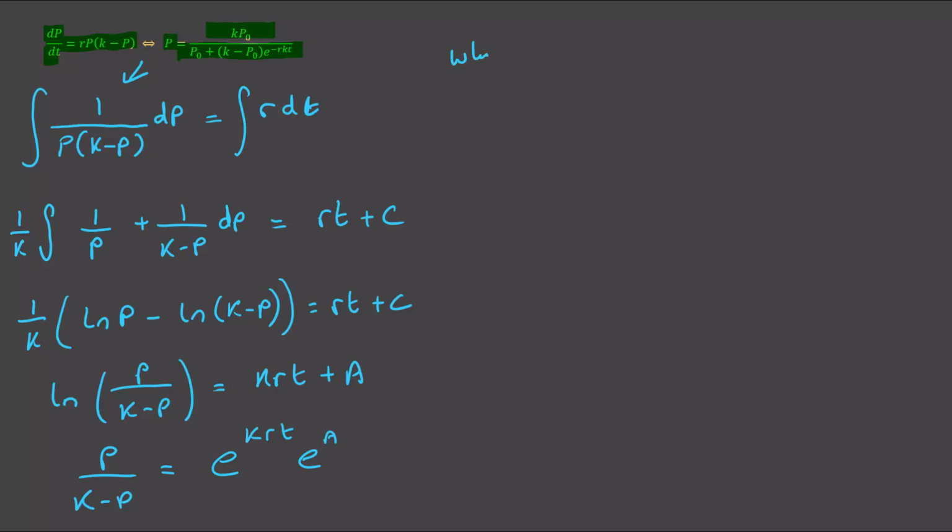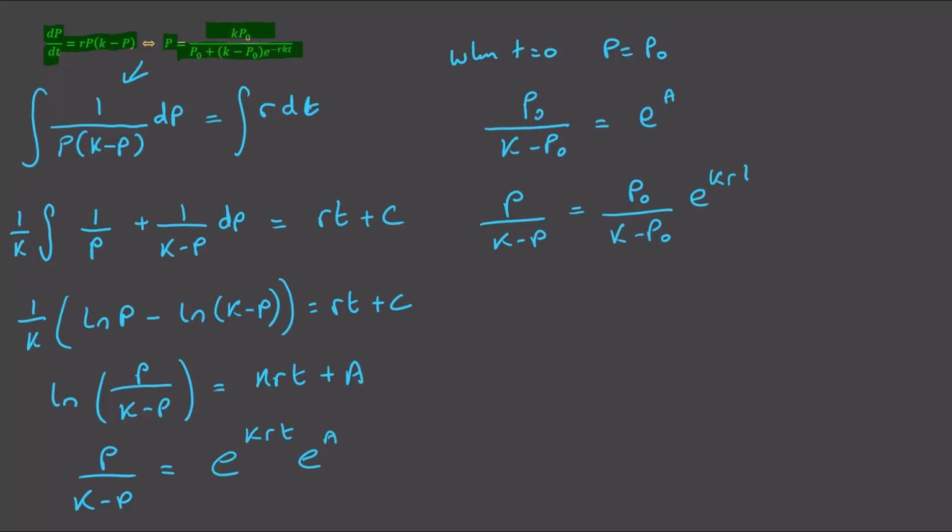Now when t is equal to 0, p is equal to p naught, and so we would have p naught over k − p naught equal to e to the a. So we've got p over k − p equal to p naught over k − p naught times e to the krt.